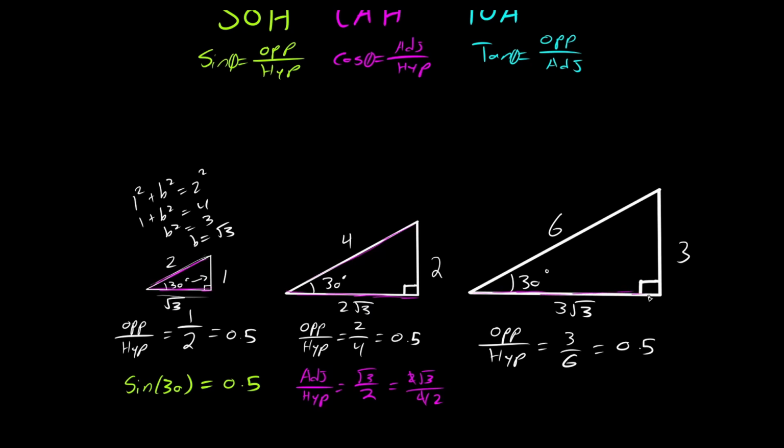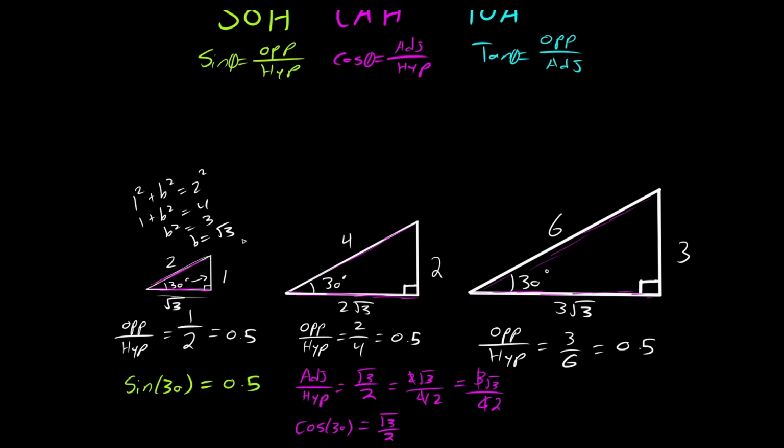And if we do this side, the adjacent side to the hypotenuse, we end up getting 3 square root 3 over 6, which again you can cancel to make it square root 3 over 2. So we can conclude, if you have a triangle with an angle of 30 degrees, that the adjacent to the hypotenuse will always be square root 3 over 2, no matter how big or small you draw this triangle.